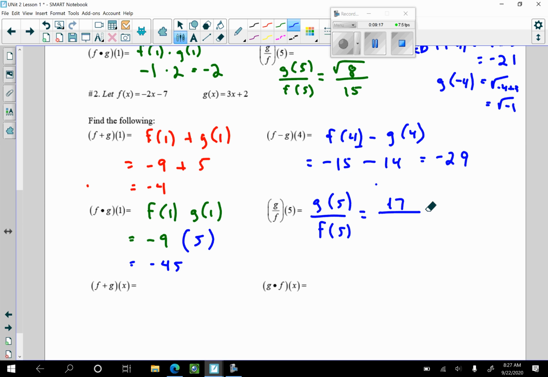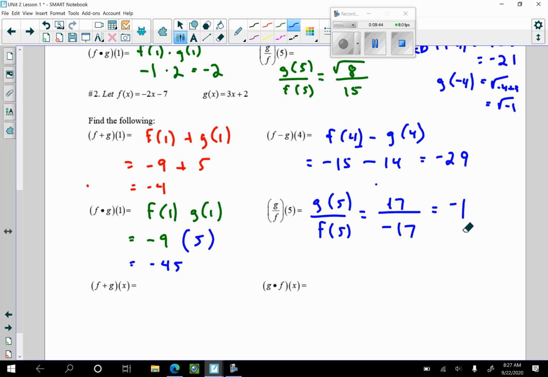F of 5, is that negative 17? 2 times 5 is negative 10 minus 7. I believe that, is that correct? Did I make an error? We good? Okay.